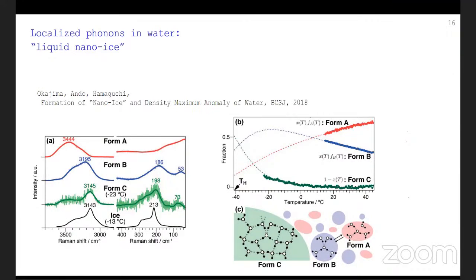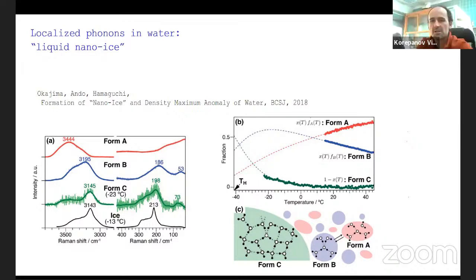What is more special is that at low temperatures, especially in supercooled water, we can observe a third component, and this third component is something we can call liquid nano ice.